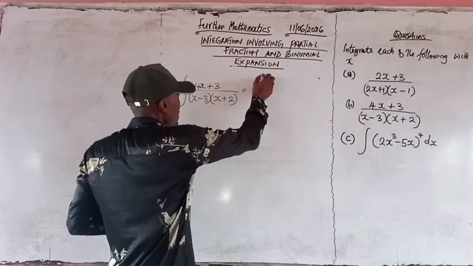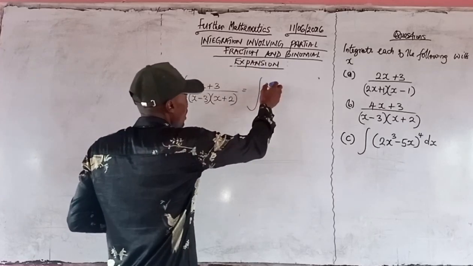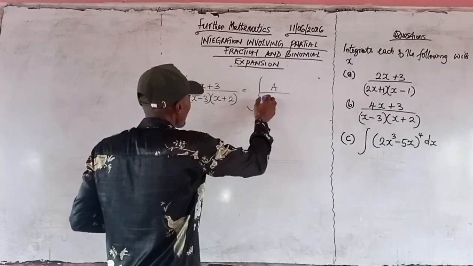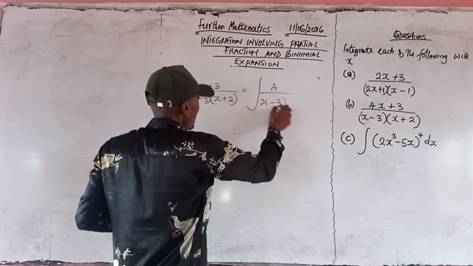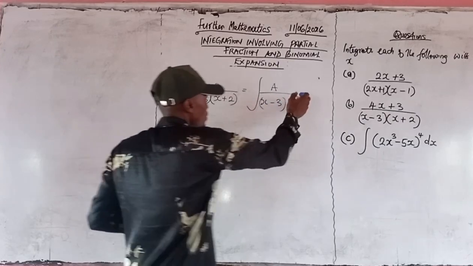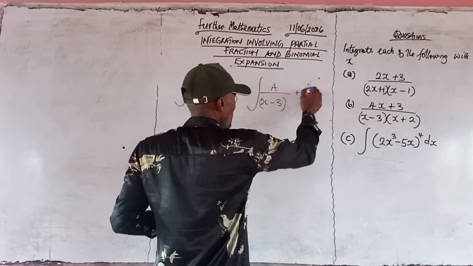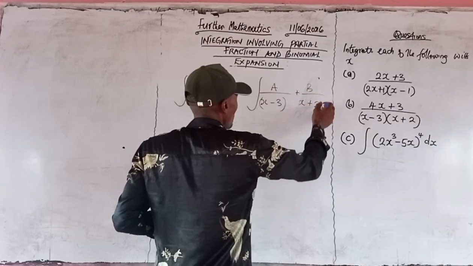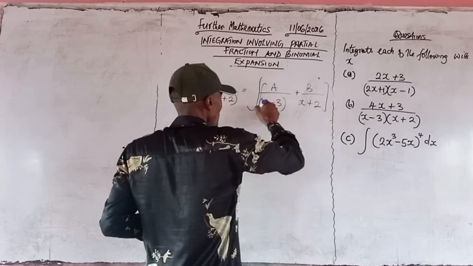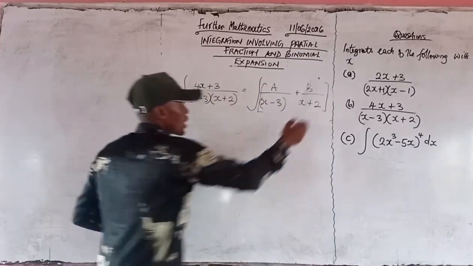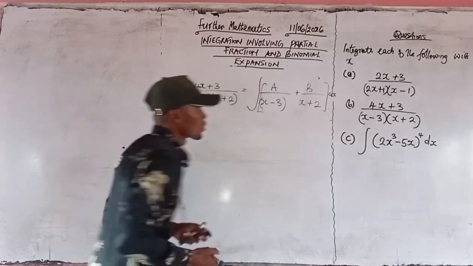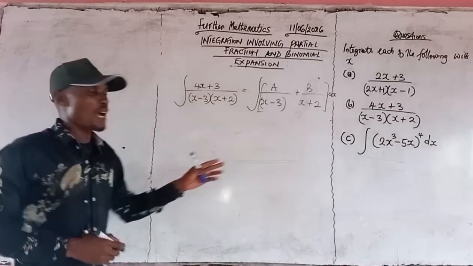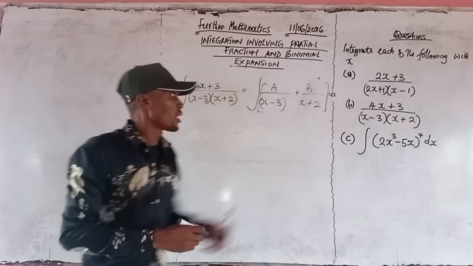Of course, this is the integration of a over x minus 3, plus b over x plus 2. So we want to integrate this, and that is the dx. Please take note, the dx. But before we do that, we have to find the value of a and b.